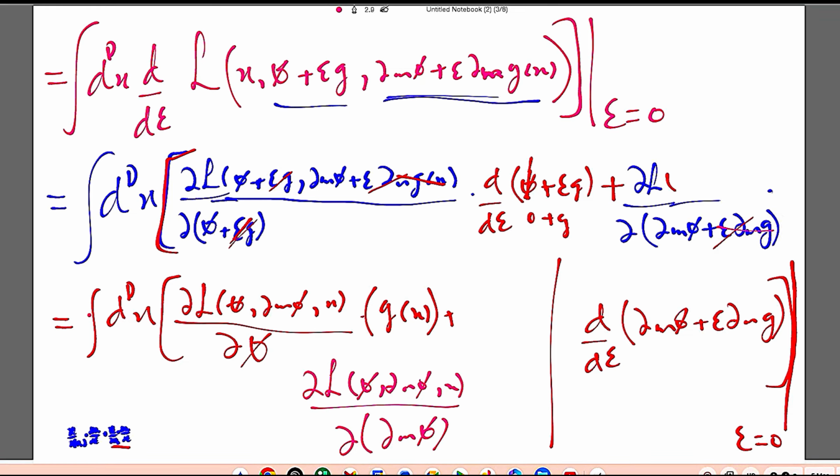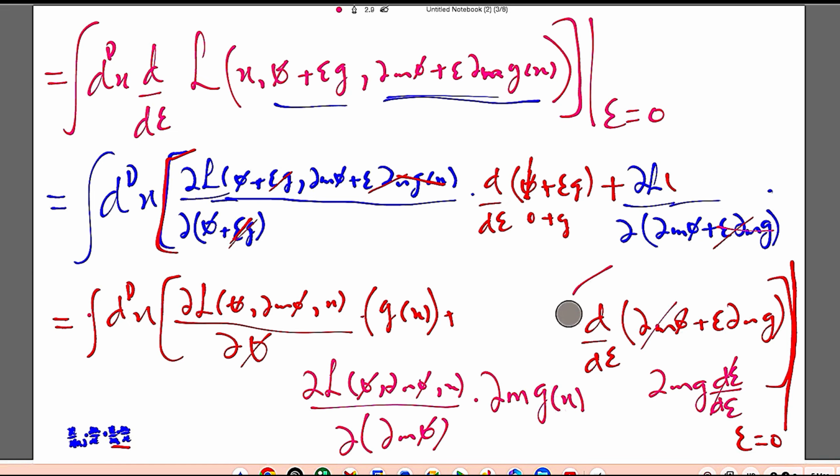Then we will find the derivative here. The derivative of this term becomes 0 because there is no e here. Here partial m g will come outside and there will be de by de, which equals 1, hence partial m g survives. So here we have partial m g, g of x. Alright, so this is the simplified form so far.